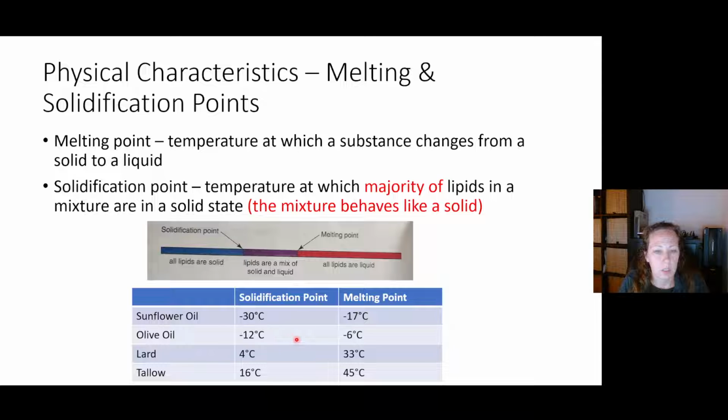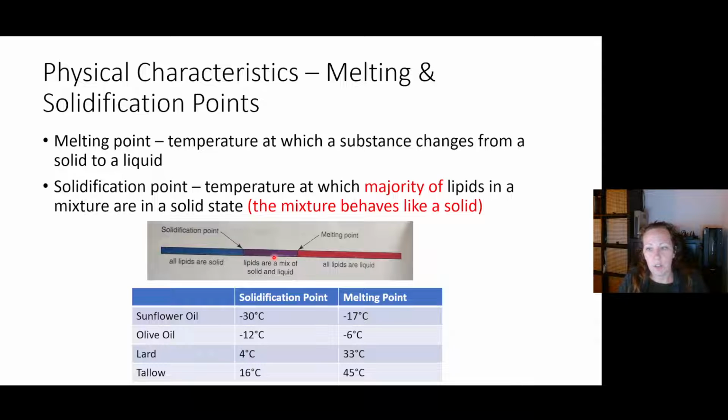We see that with these temperatures here. The solidification point is much different than the melting point. Sunflower oil's solidification point is -30 degrees Celsius. The melting point is 13 degrees higher than that, at -17 degrees Celsius. The temperature in between is going to be a mixture: some of the fatty acids are solid and some are liquid, and there is a true transition.